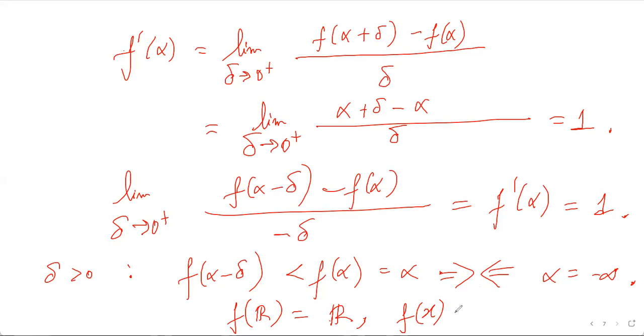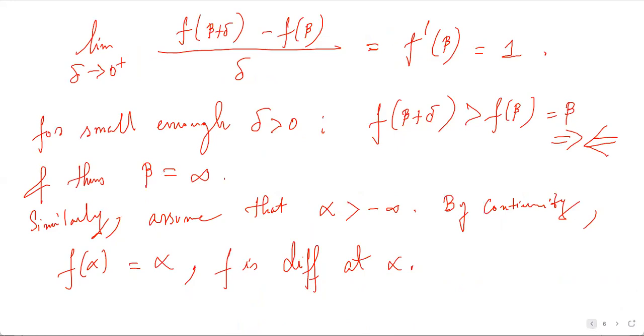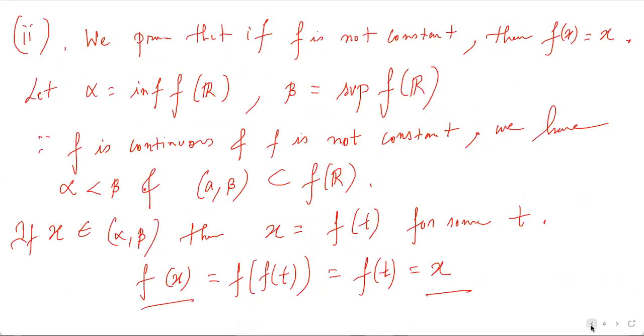And we have also proved that f of x is equal to x, because since alpha and beta are not finite, and the x that I took was between alpha and beta and was arbitrary, this interval is nothing but from negative infinity to positive infinity.